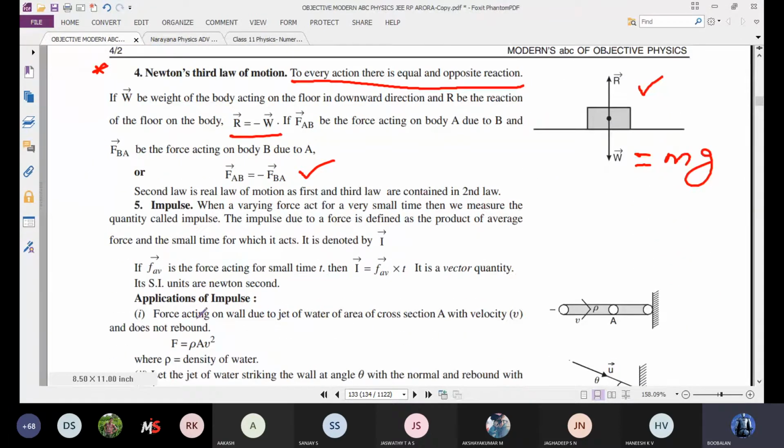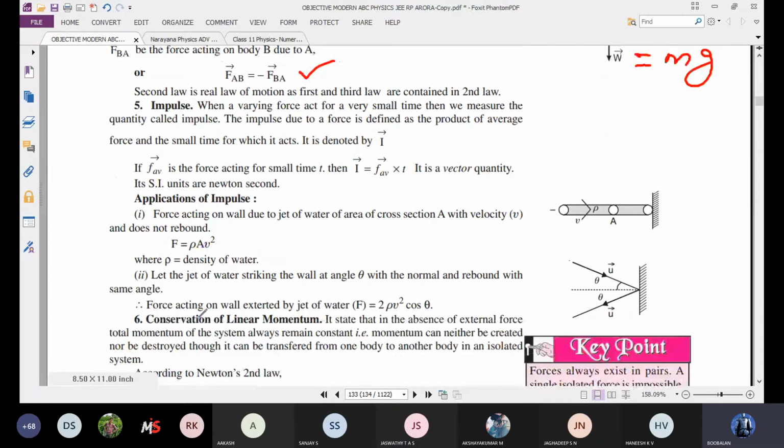So next topic, impulse. Impulse means force into time. Impulse I is equal to force into time. Force into time means within a fraction of a second applying maximum force, like an accident.